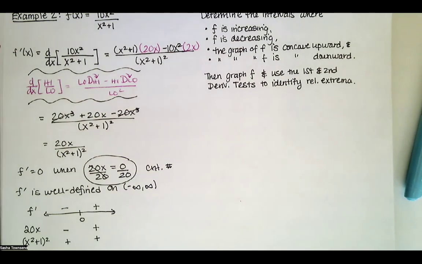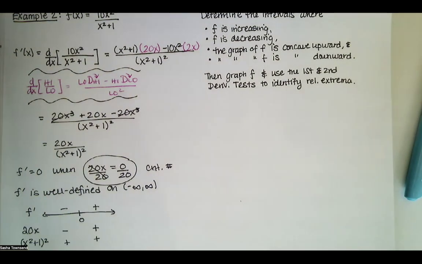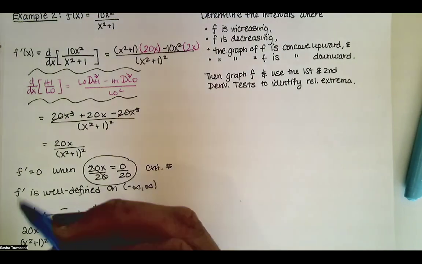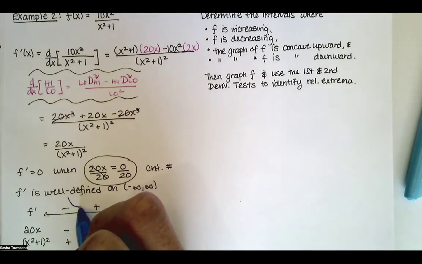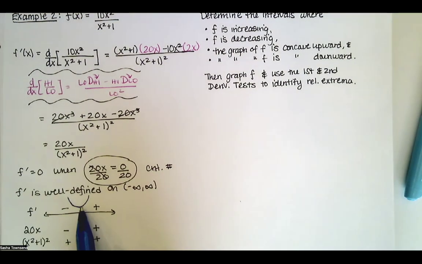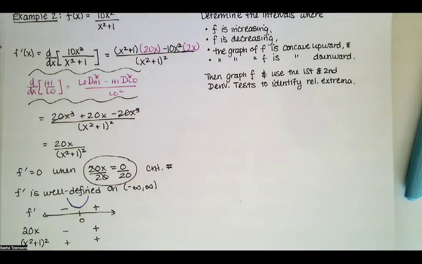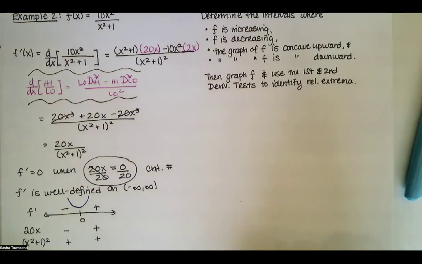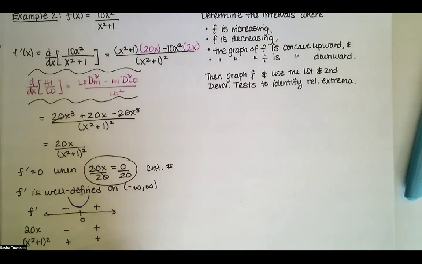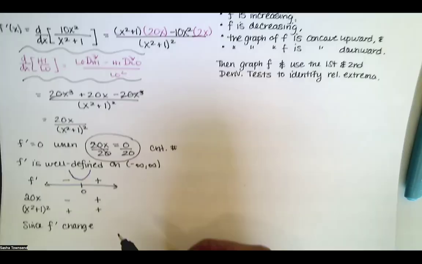So our function goes from decreasing to having a 0 slope to increasing. So that means that f of 0 corresponds to a relative minimum. So I'm going to write that down.